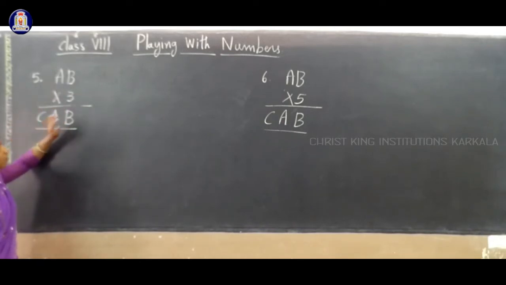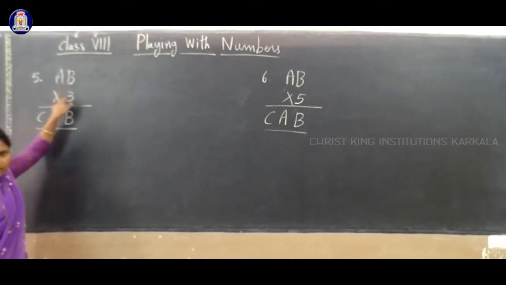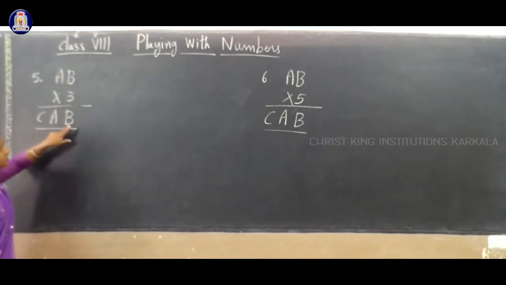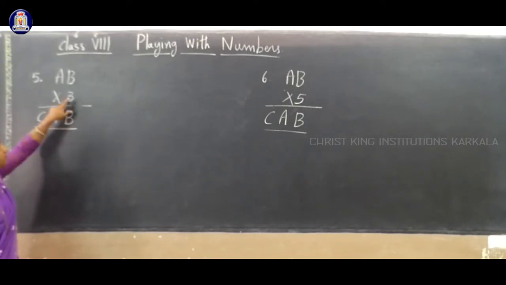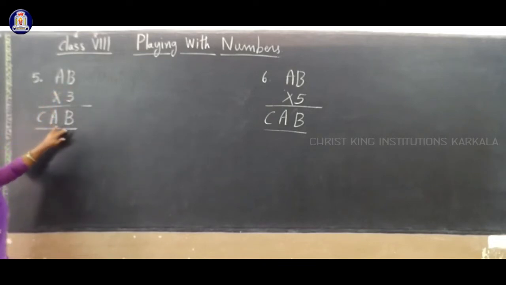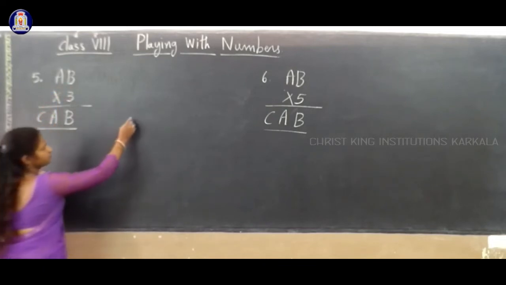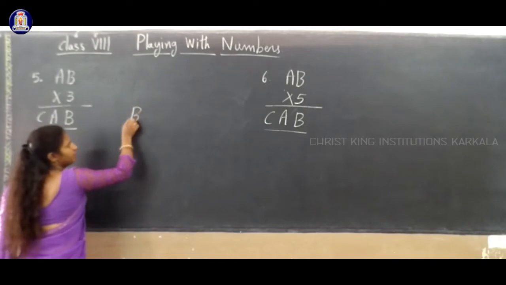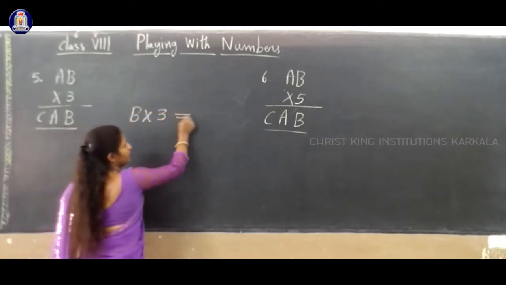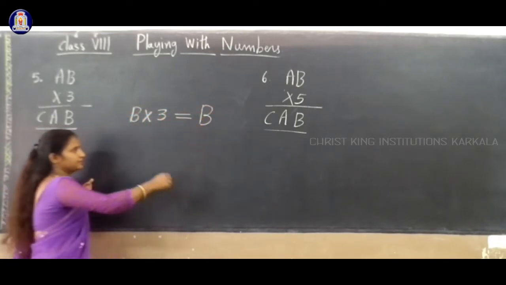Clear? So first we have to multiply 3 into B. The answer you must get is B, the same B. So if you multiply B into 3, you should get answer B. Let's consider step by step.